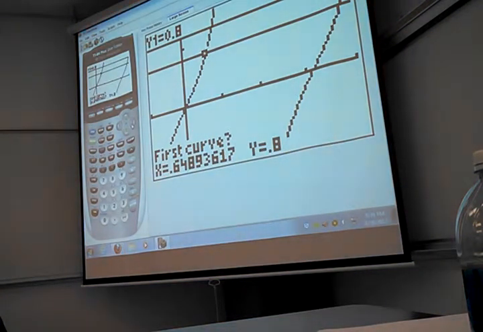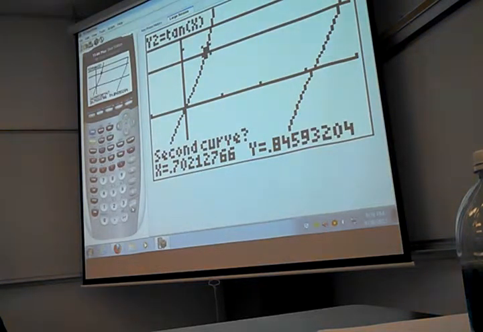Alright, get right on top of there. So enter. And here you've got to be a little careful because there are 3 functions in there. Whenever you do intersect and hit enter, it automatically bounces to the next one in line. I want that to be the tangent, so that's why I put it in that order. It'll start at the top, and then go to the next one in line, which is the tangent function.